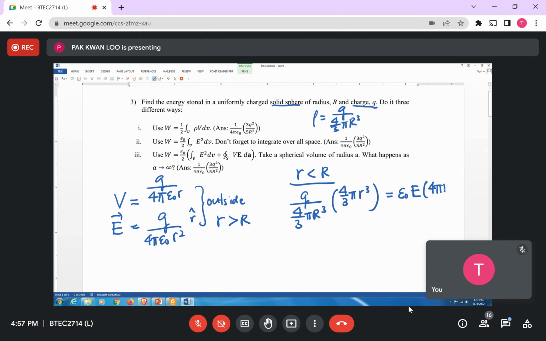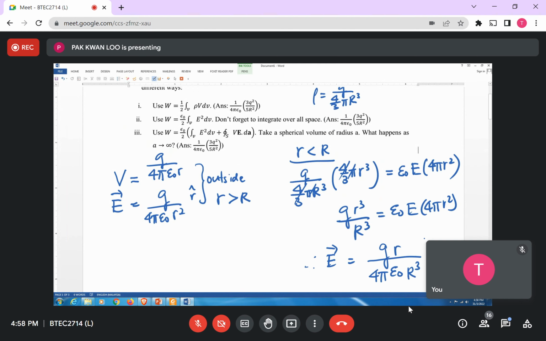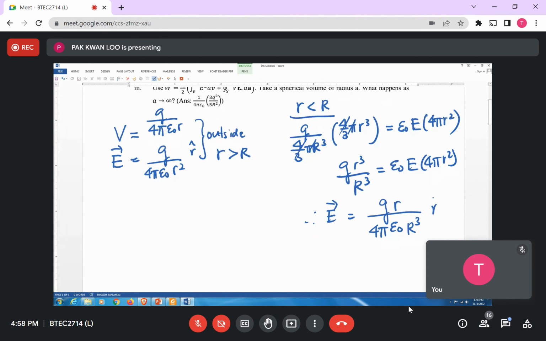So here is 4 pi r squared, so it's Q r over 4 pi epsilon R cubed, in the direction of r cap.